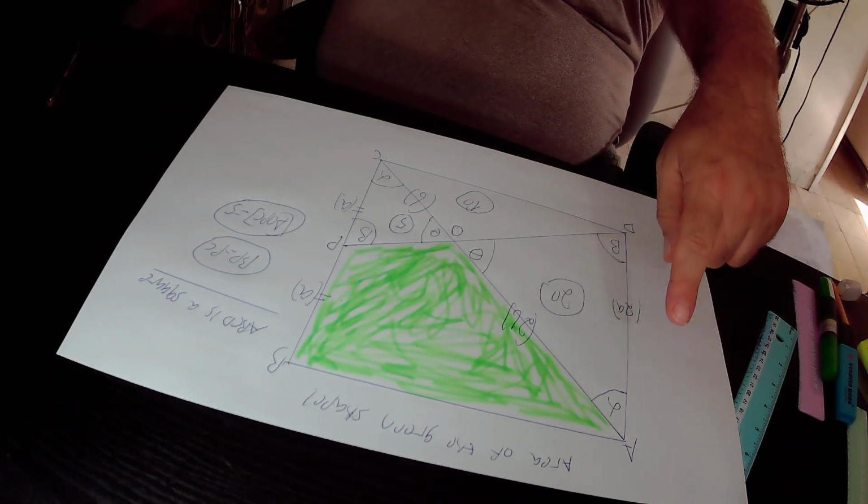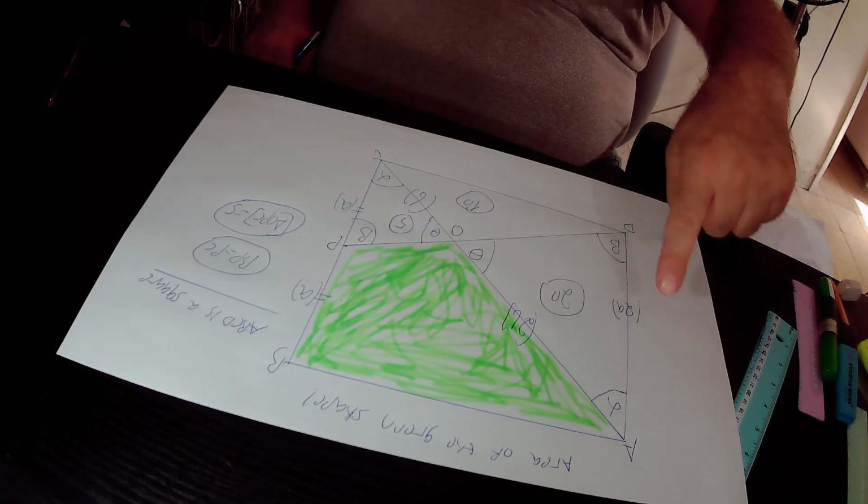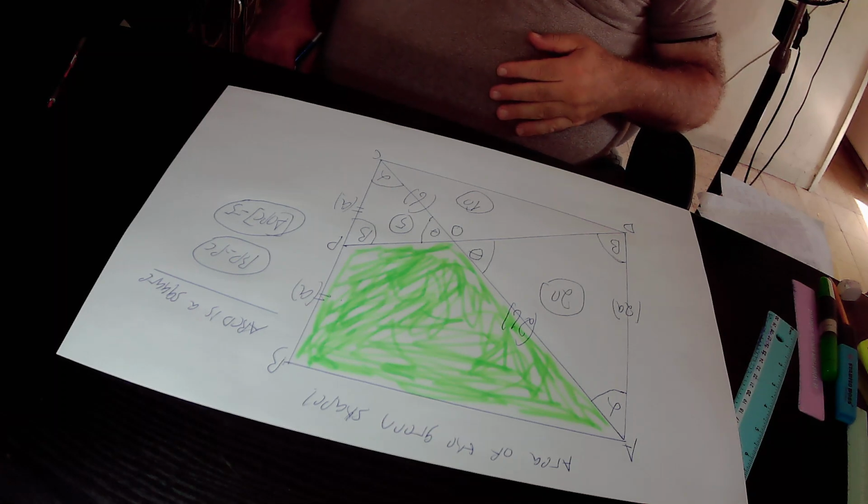The big triangle ABC can go into this triangle ADC according to the side rule.